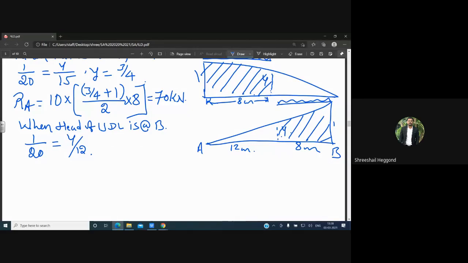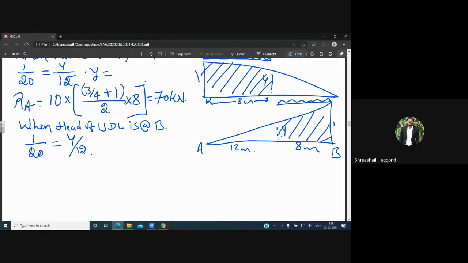One second. In the previous case, here it has to be 12, because the remaining distance is 12 meters, 20 meters total it is. The UDL is 8 meters, not 5 meters. So you need to make a correction over here.